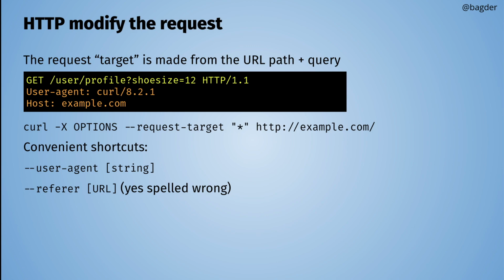Yes, it's spelled wrong, but it's a way to tell, when you get a resource, I came from this other place, I followed a link from there. Usually maybe privacy leaks, so use it with care. But that's at least a convenient thing. And again, copy as curl, and you can learn how the browser would do it, and then edit that line and have fun.